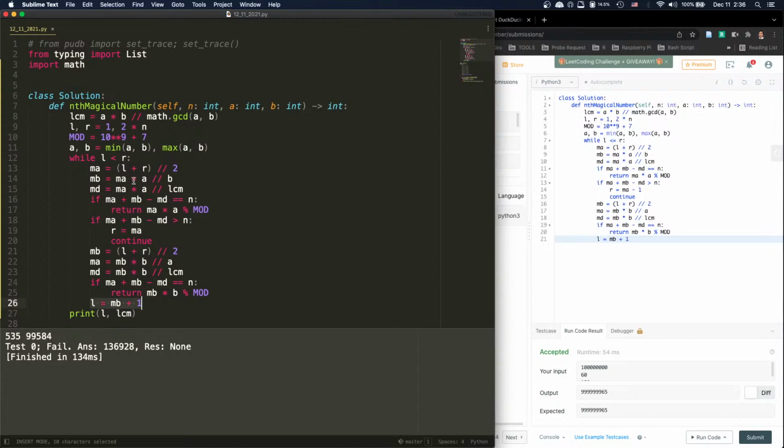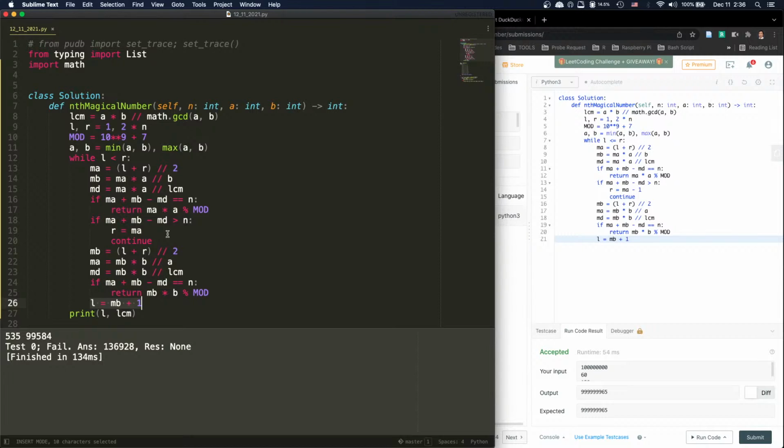We want a value bigger than MA times A, but a value smaller than MB times B. So this one does give us the range, right? But we know it has to be larger than MA times A, but the value cannot be larger because this one comes out, right?